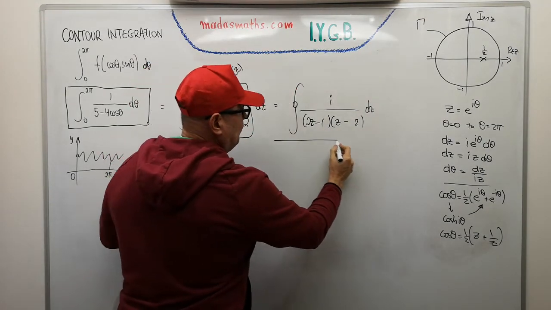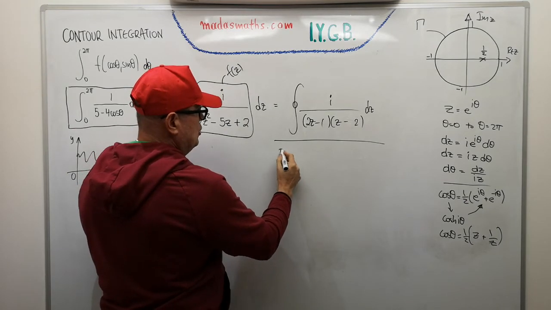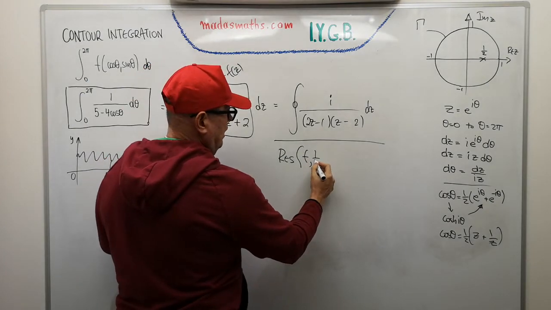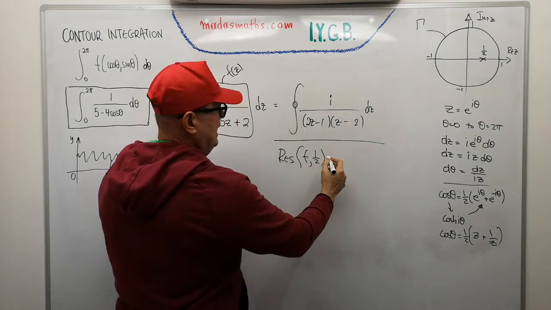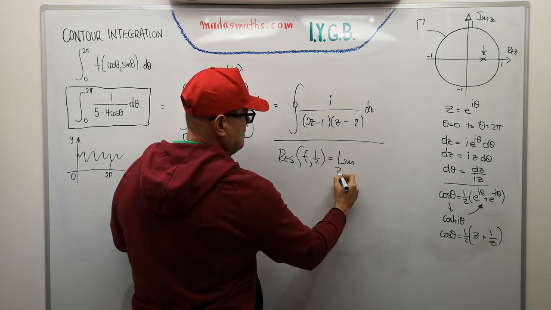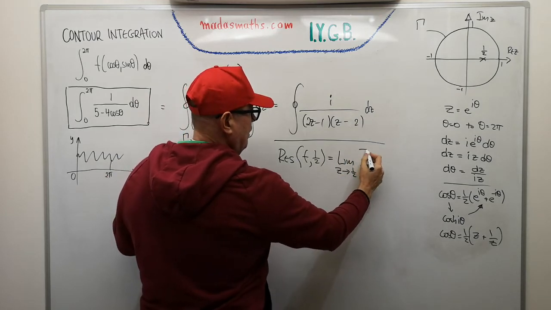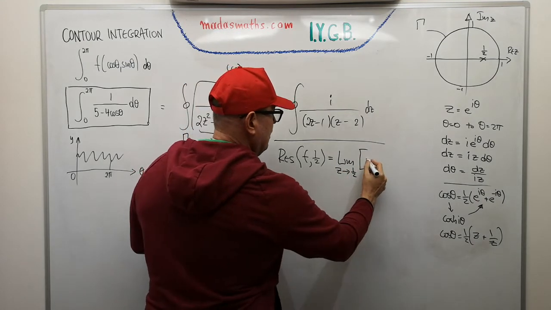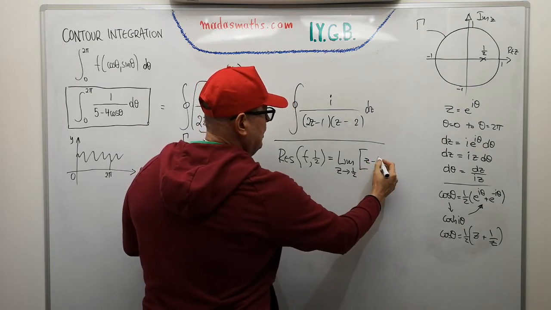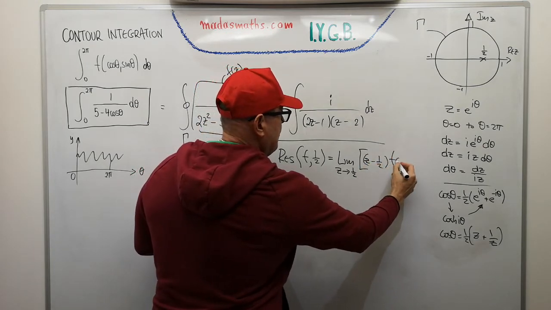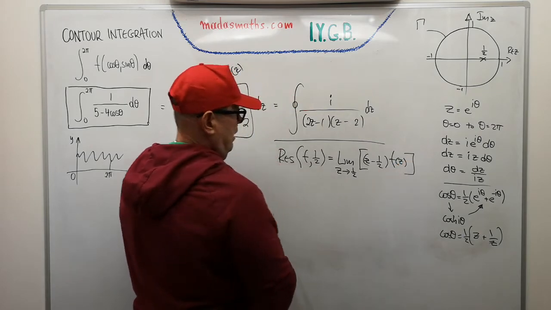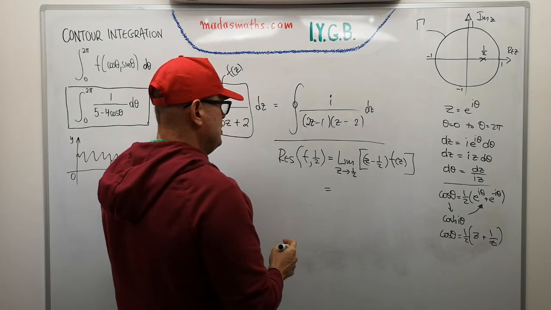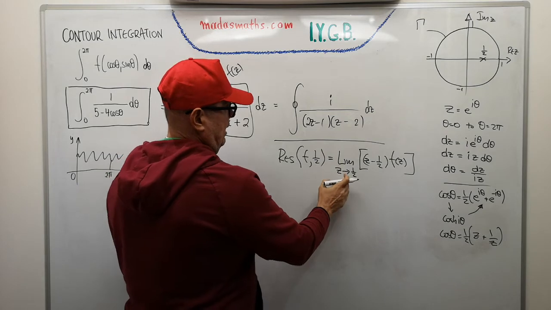To find the residue, we're going to use the simple formula that says the residue of f at a half is the limit as z goes to a half of z minus a half times my f of z. So this will be the formula for residues, which we revisited. We found, I think, about 7 or 8 residues another day in the previous time.